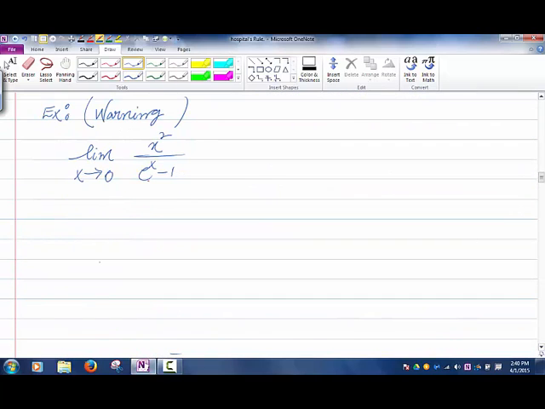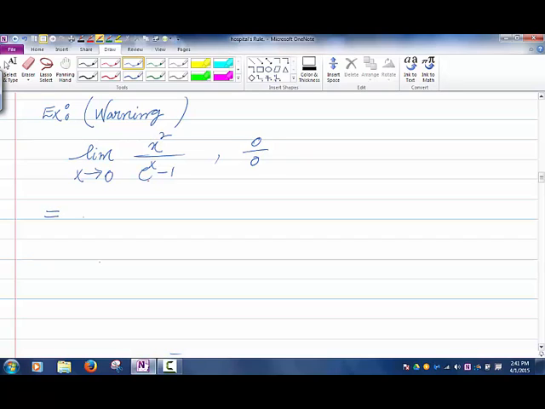Okay, let's look at the second problem. In this problem, what's the form? 0 over 0, everybody agrees? Do we get 0 over 0? Yeah.